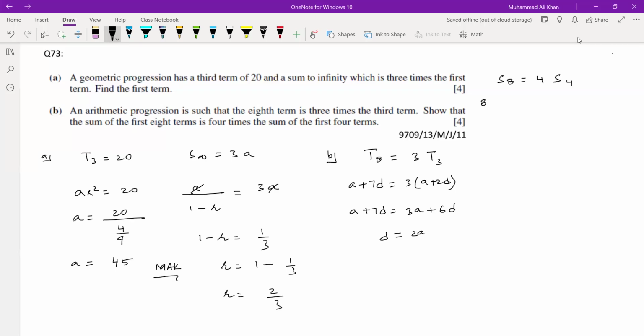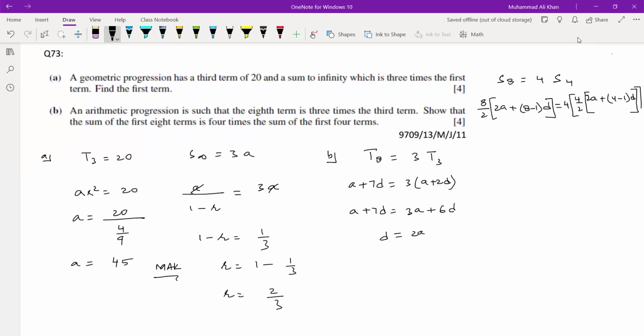8 term पर आइए, n by 2, 2A plus n minus 1 into D equals 4 times n by 2, 2A plus n minus 1 into D, and D is D here.